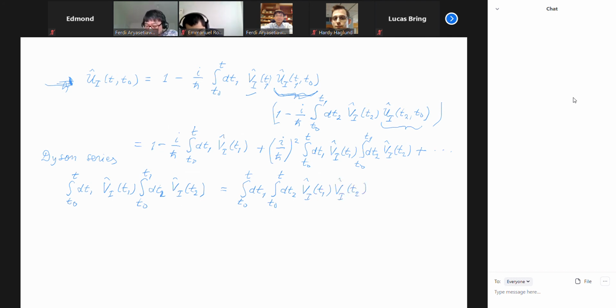But then we have to introduce this Heaviside function, theta(t1 minus t2). That ensures that t2 must always be smaller than t1. So that will then restrict this integral to t0 to t1.